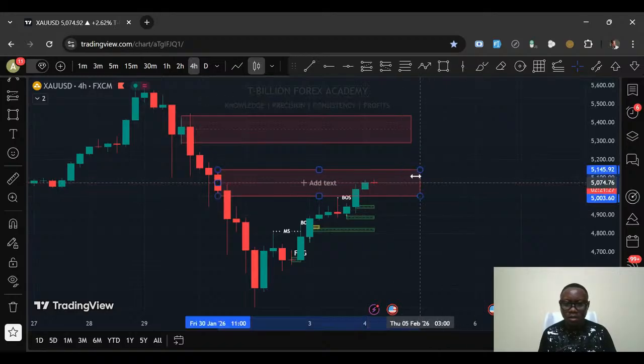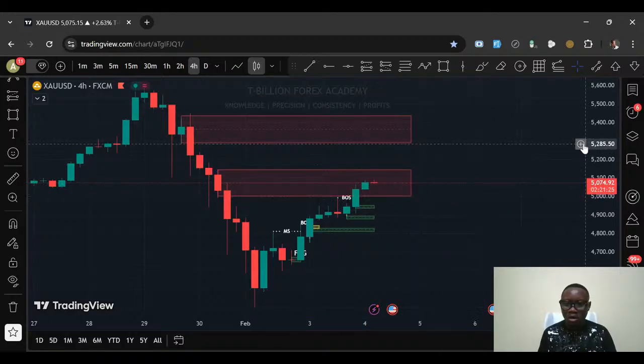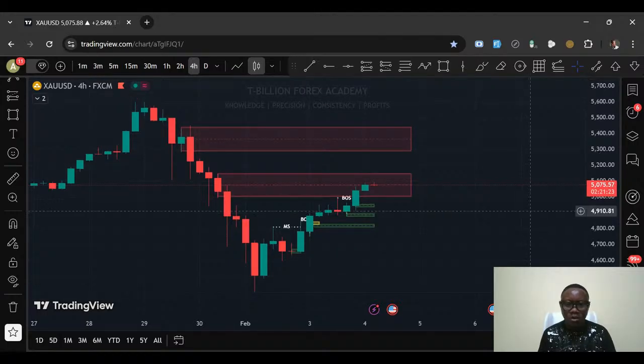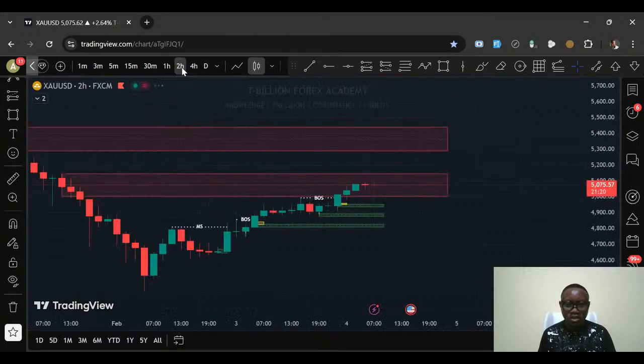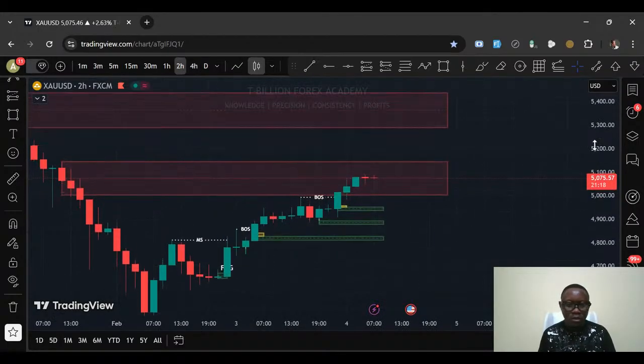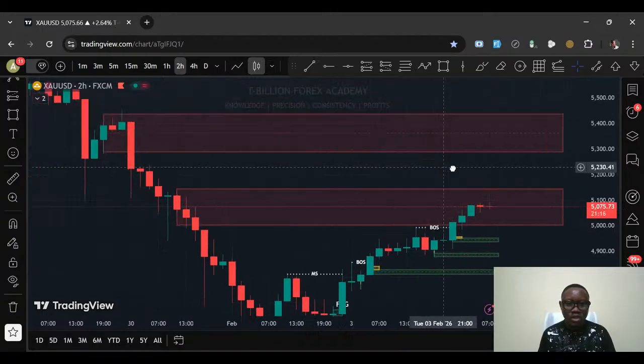Okay, let's mark it out. On the lower time frame, we'll get a better entry. Okay, so drilling down to 2H.